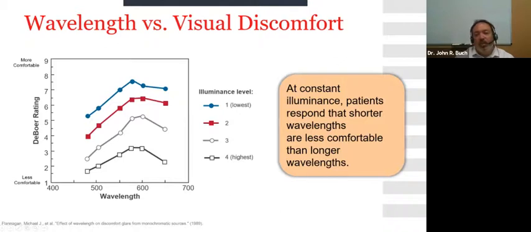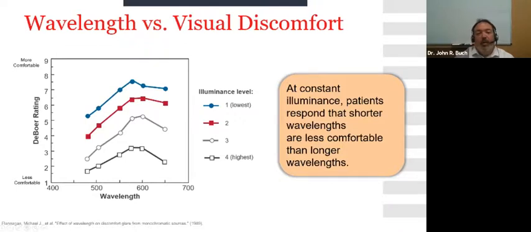They're all at the same luminance level, but patients respond that the ones lower down are less comfortable than the ones higher. This scale is more comfortable as 9, less comfortable as 1. So you can see at constant luminance, there's definitely a difference in perceived comfort.